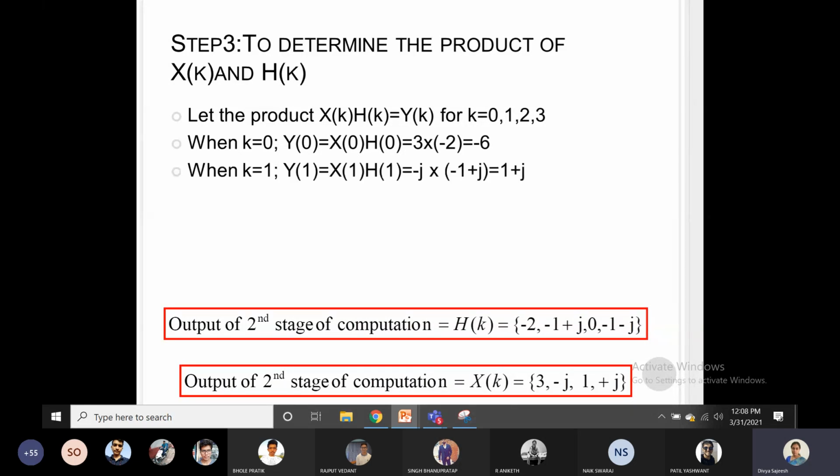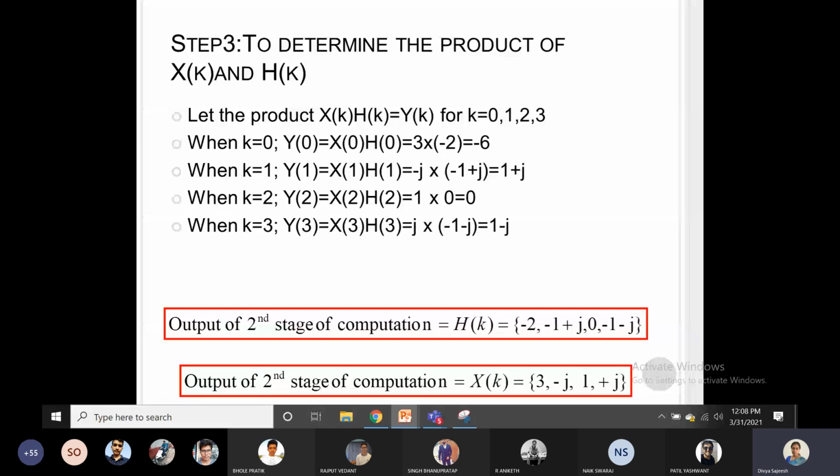When k is equal to 1, x of 1 into h of 1, that is -1 plus j into -j, which is 1 plus j. When k equal to 2, it is 0 into something, so it is 0 only. When k equal to 3, j into -1 minus j, so it is 1 minus j.